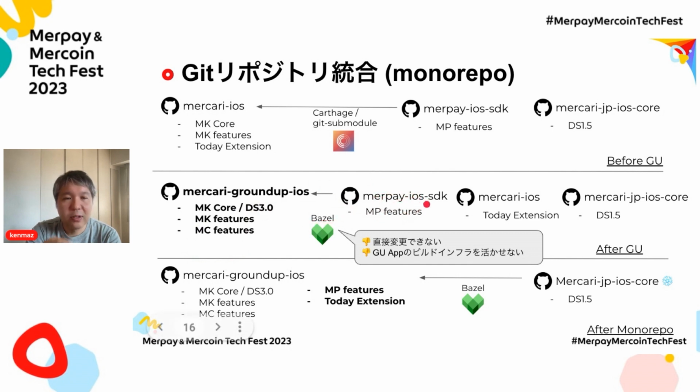Furthermore, when we conduct a unit test of Merpay's modules, it runs on Merpay's own CI infrastructure. But since GroundUp builds everything on Bazel, unit testing on CI can be done very quickly.